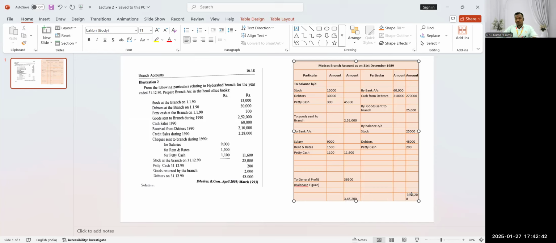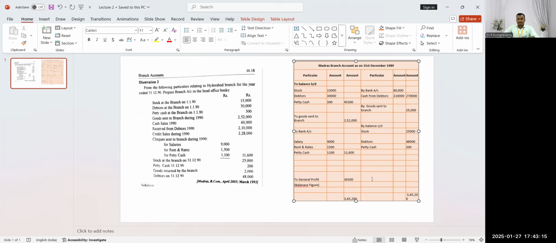Credit side 3,45,200, debit side also now 3,45,200. The balance figure will be taken as the gross profit of the particular branch. This is what we should calculate for these problems. Now I hope that you are all clear.